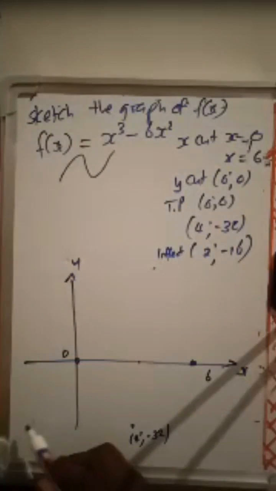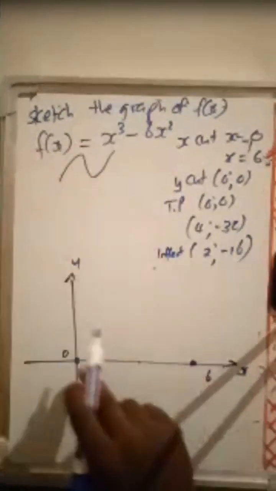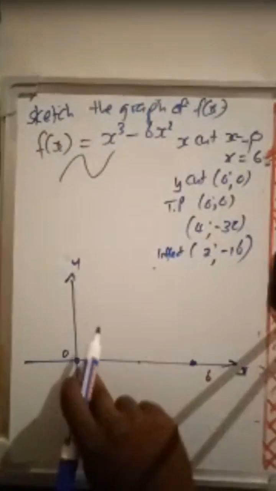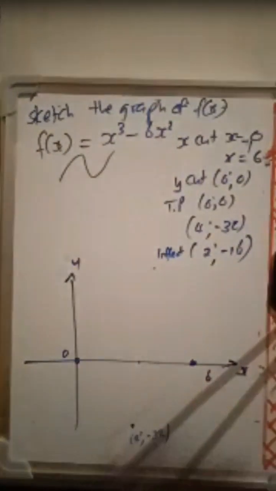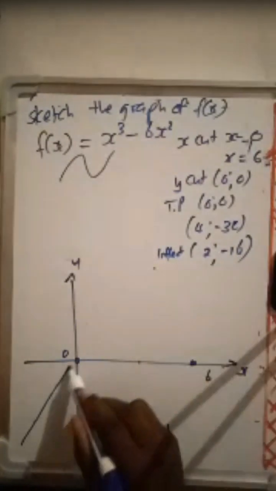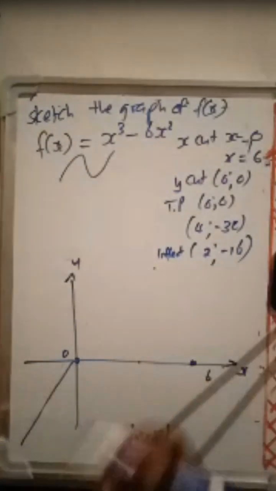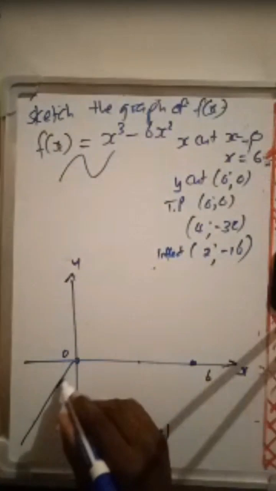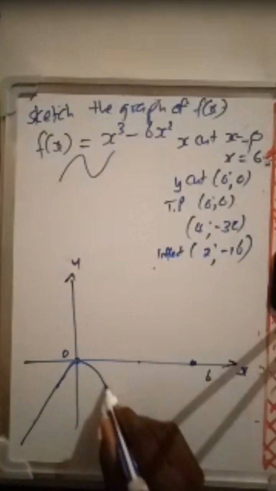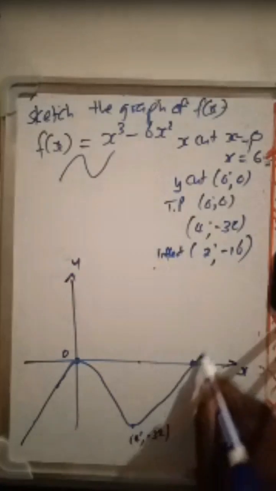So this one starts as an increasing function. It turns. Where does it turn? It turns here. Then it goes down, it turns there, then it goes up. So we draw it from here. Then it turns, because we know that this one is a y cut, which is also an x cut, which is also a turning point. So it turns there, draw it as a curve, then it goes there.